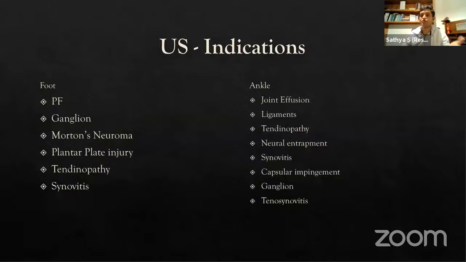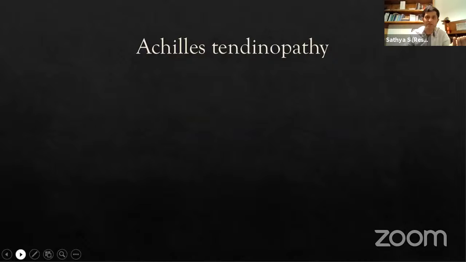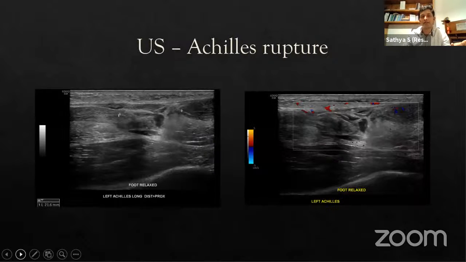In the ankle area, we use it for joint effusions, ligaments, tendinopathy, neural entrapment, synovitis, and capsular impingement, like a Pommy lesion, which involves the medial deltoid or posterior medial impingement due to the deltoid, or the transverse tibiotalar ligament impingement, and also tenosynovitis in the ankle area. With respect to Achilles tendinopathy and Achilles rupture, we can see ultrasound plays a major role.